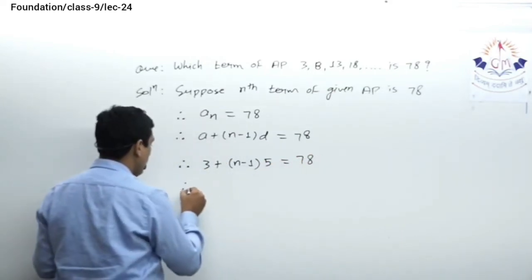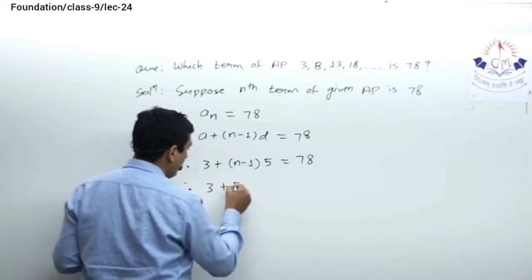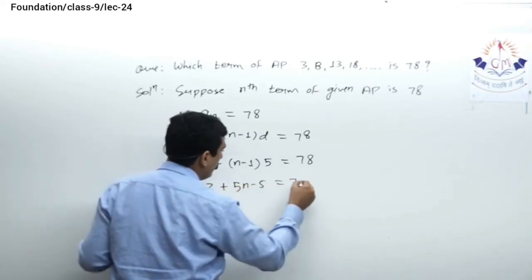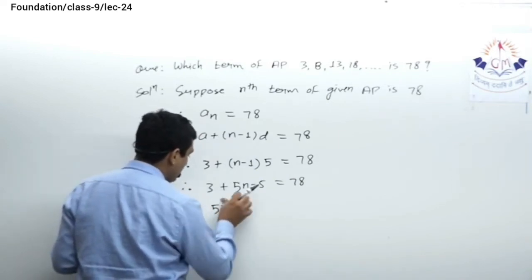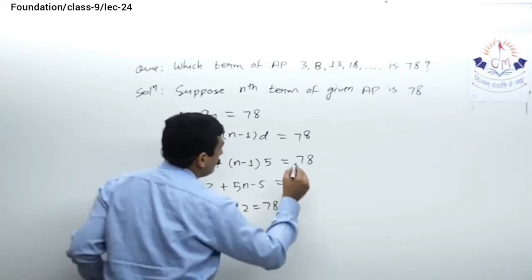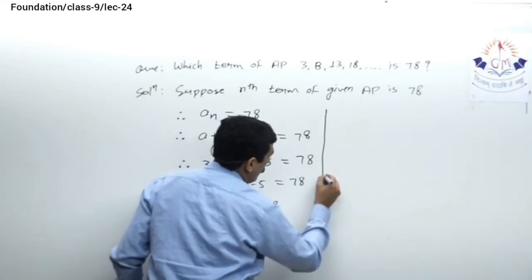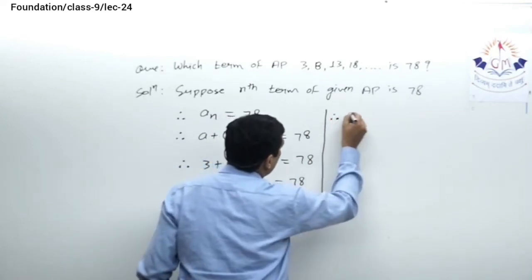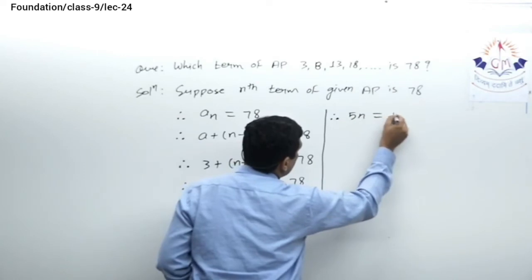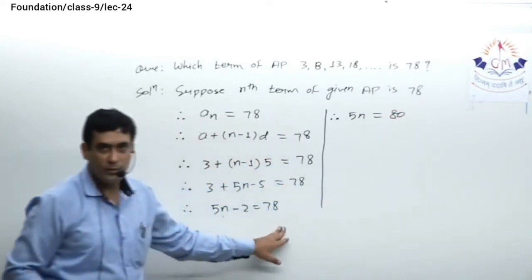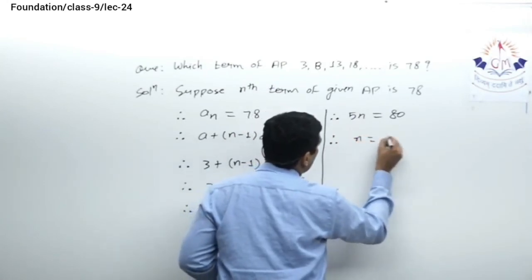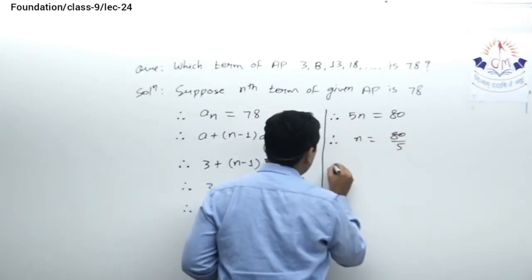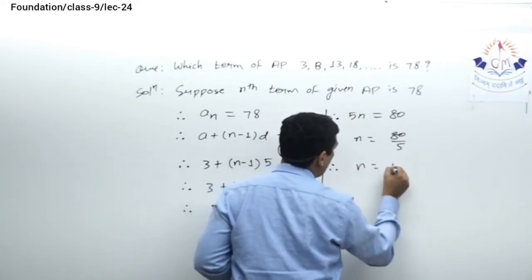So 3 plus 5n minus 5 equal to 78, that is 5n minus 2 is equal to 78. Therefore 5n is equal to 80, when 2 goes to that side, 78 plus 2, 80. Therefore n is equal to 80 divided by 5, therefore n is equal to 16.